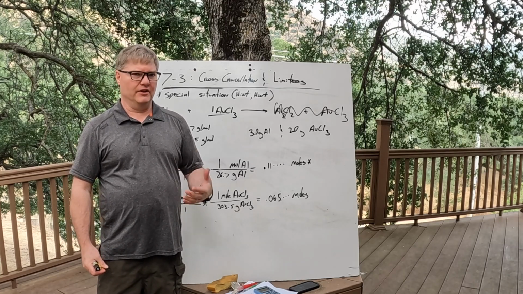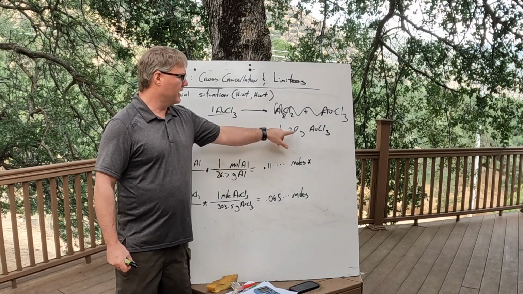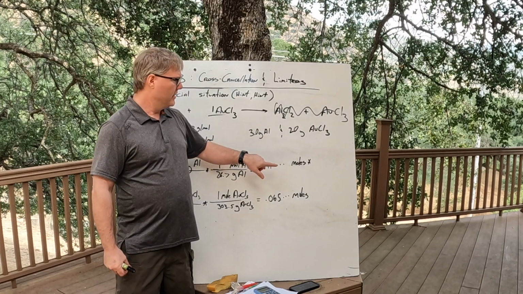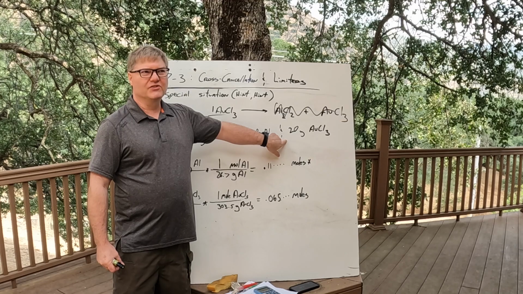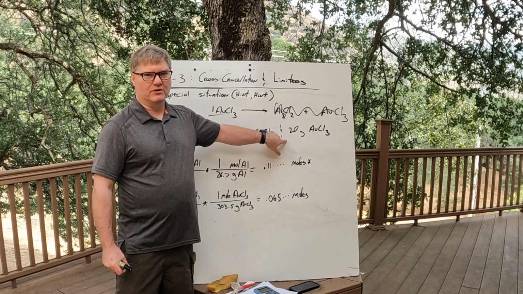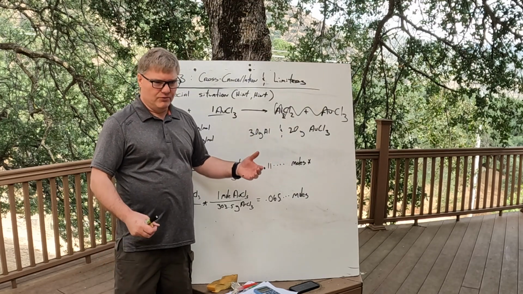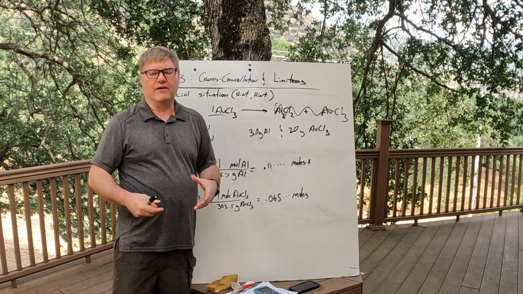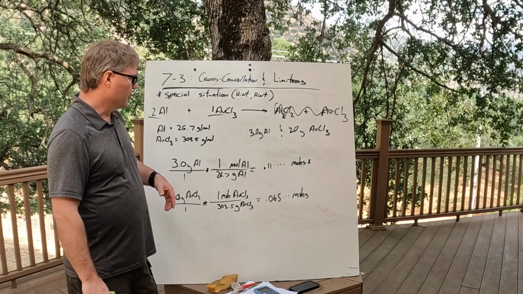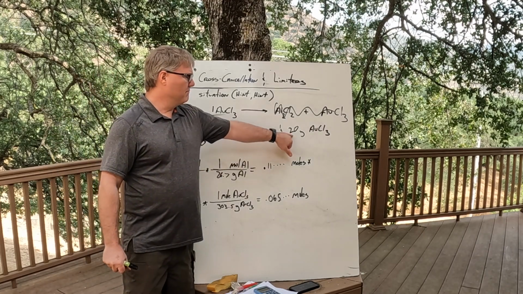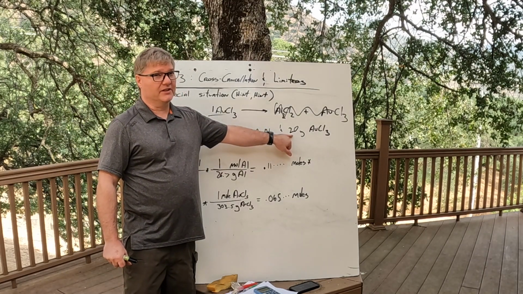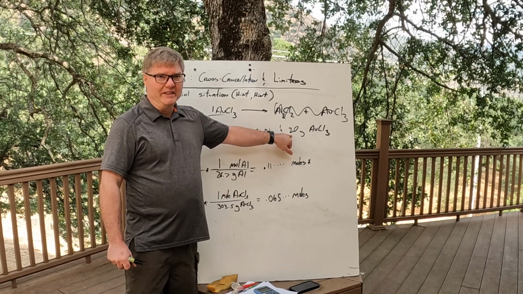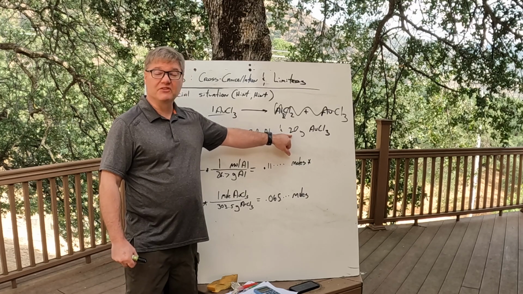And we have learned that you can't just look at the numbers here, because these are in grams, which are masses of particles, and grams does not take into account how big the particles are. You have to know how big they are and how heavy they are. So just because you have a bigger number here does not mean this is in excess, because these could be really huge particles, and 20 grams just isn't that many of them.